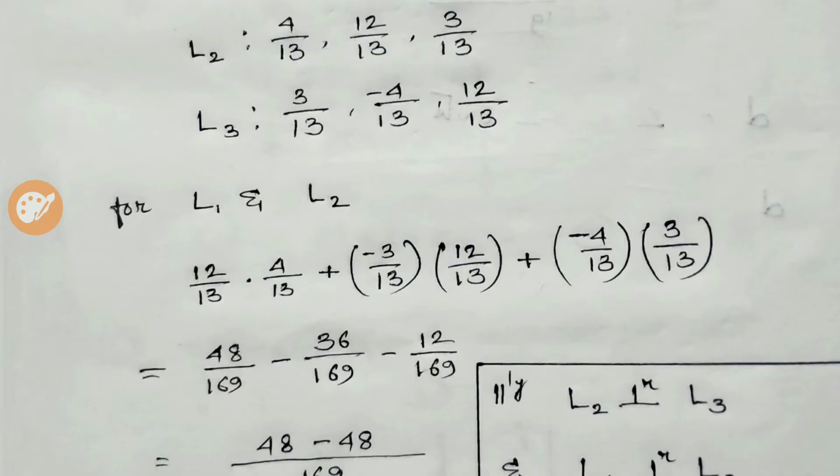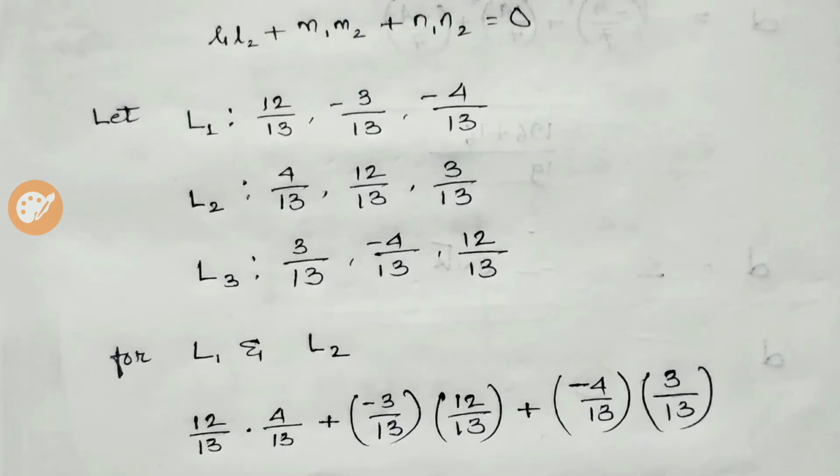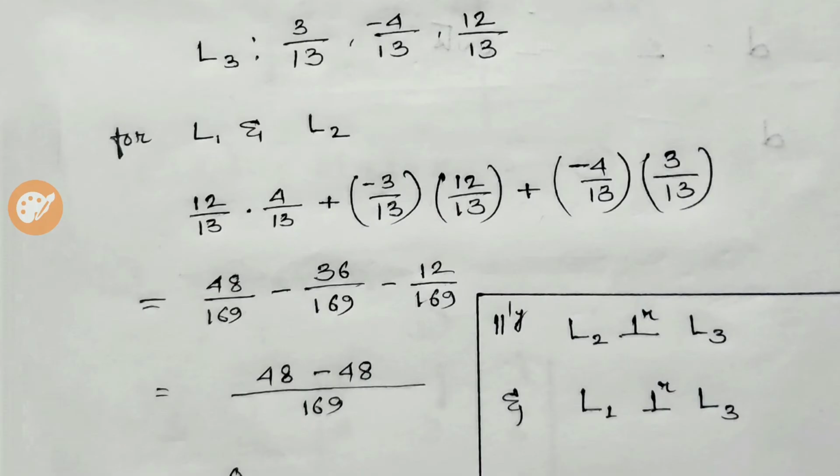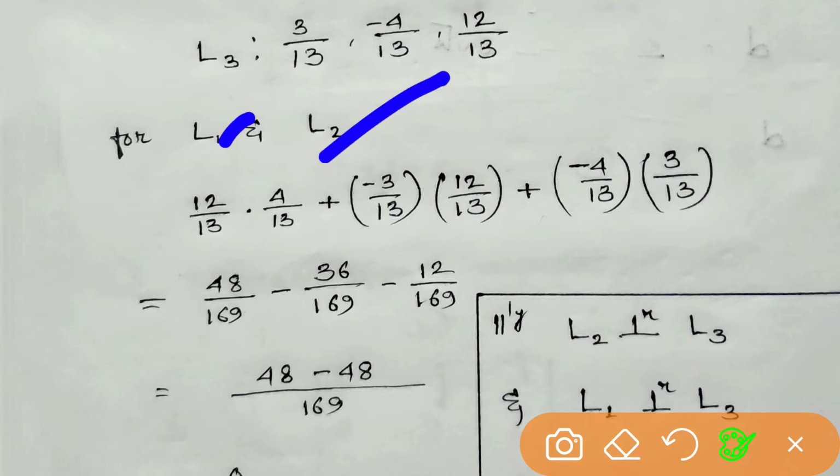Okay, now see, the direction cosine of the first line is given like this, the direction cosine of the second line is given like this, the direction cosine of the third line is given like this. So see what I have done. For the first two lines, L1 and L2, I have taken their direction cosines.